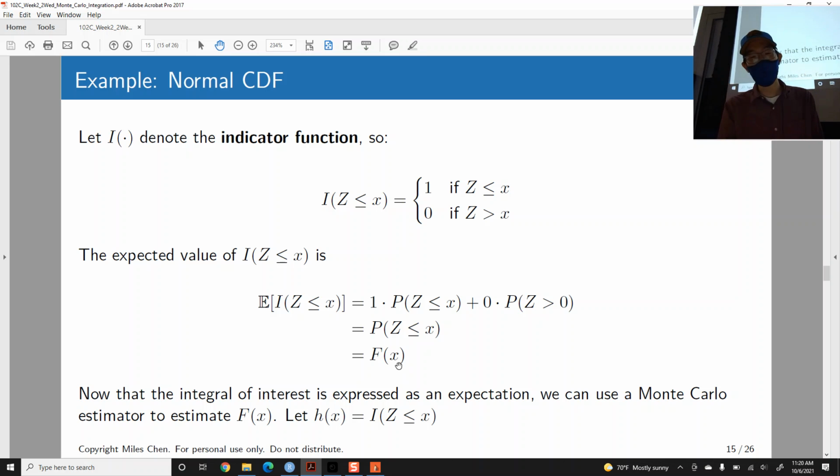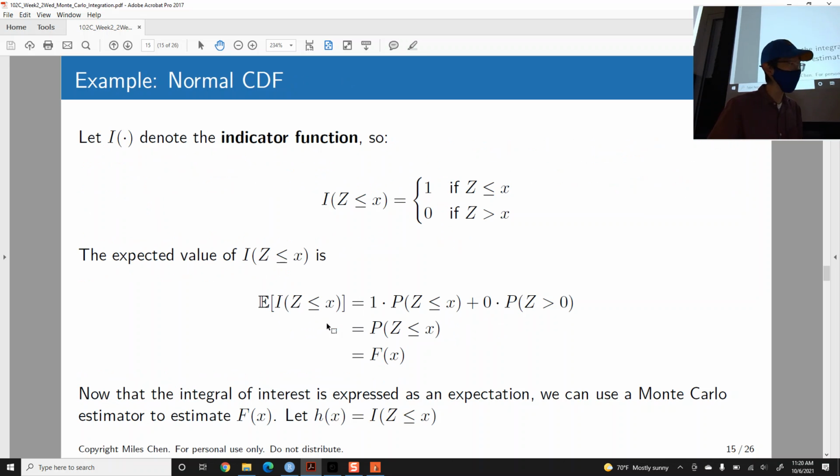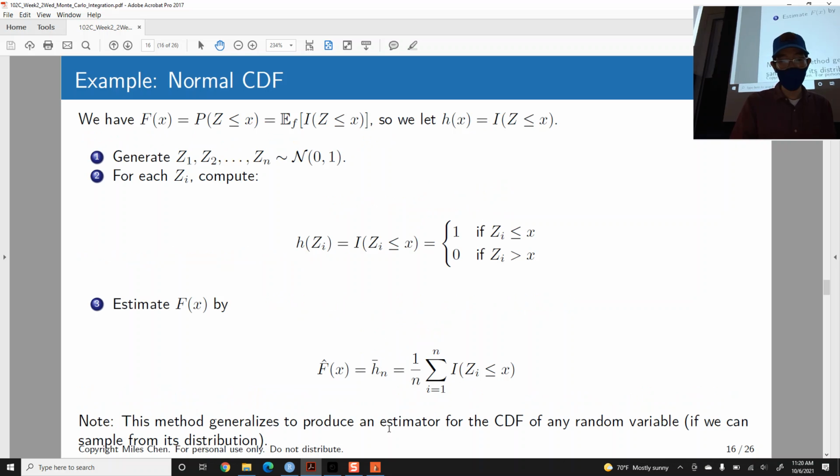Does this feel okay here? Okay, and so now that we have the function that we want, the standard normal CDF is expressed as the expected value of the indicator of z being less than or equal to x. So we're saying we're able to generate values from the computer using our norm. And so we're going to say let h of x, our arbitrary function, just be this indicator function.